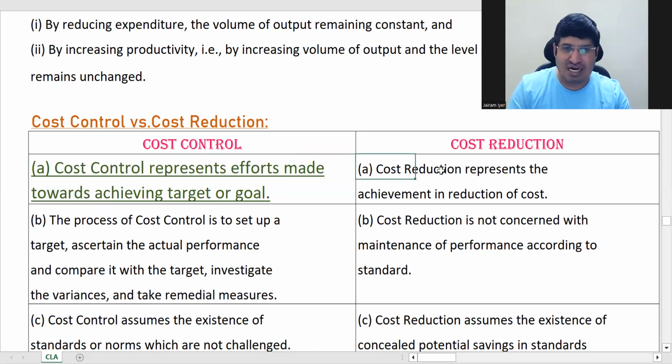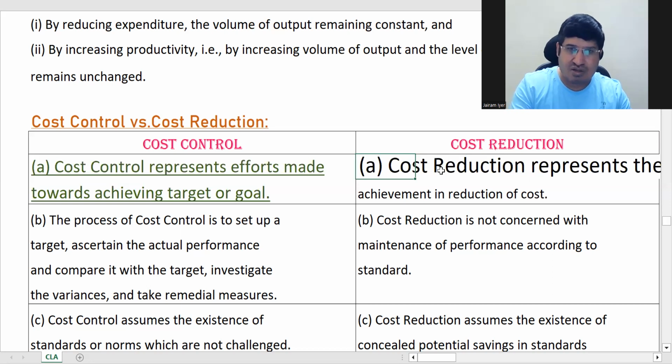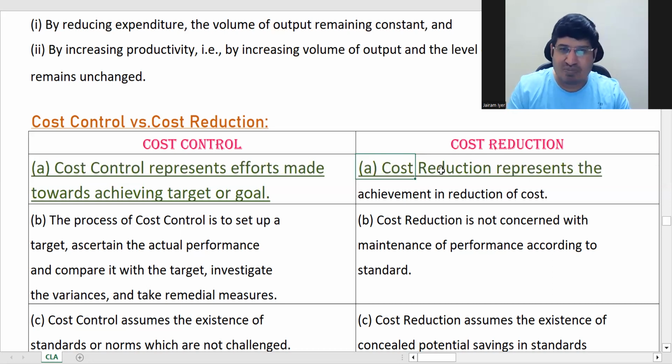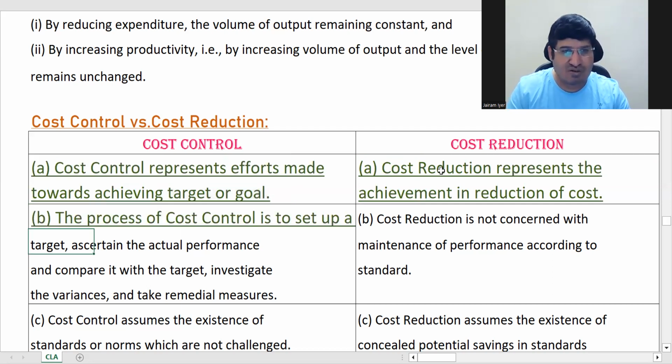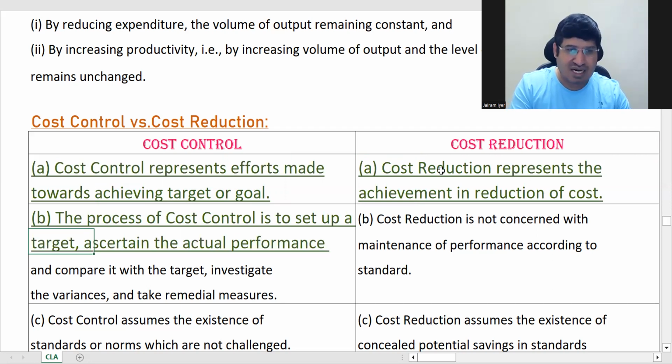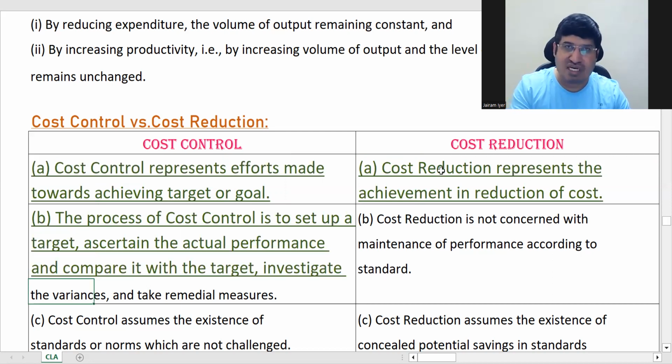And cost reduction represents the achievement in reduction of cost. This is achieving a target, achievement of reduction this side. Then the process of cost control: if a target is set up, then you ascertain the actual performance and compare with it, and investigate variances.